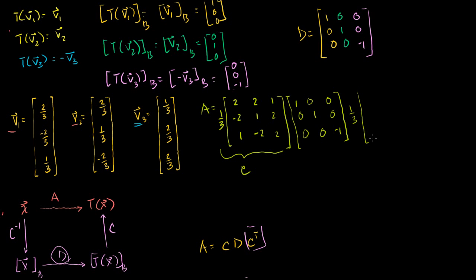So times 1/3 times the transpose of this. So we have 2, 2, 1. We have minus 2, 1, 2. We have 1, minus 2, 2. And this right here, this is C inverse, which is equal to C transpose, because C is a square matrix with orthonormal columns.